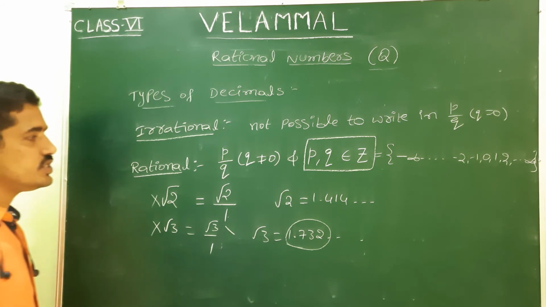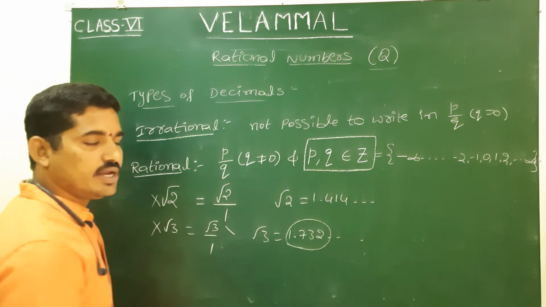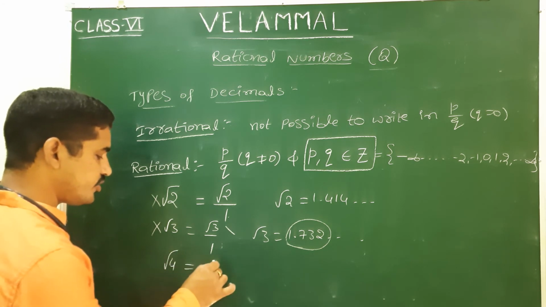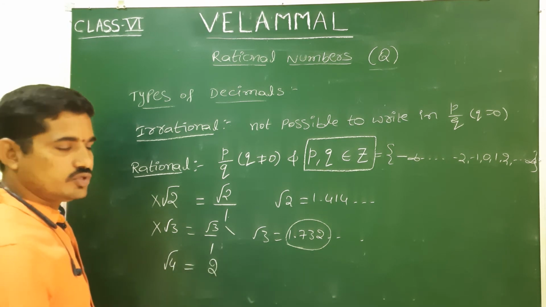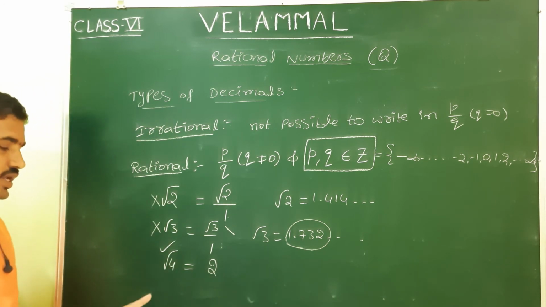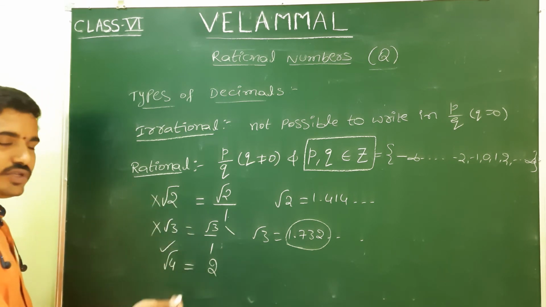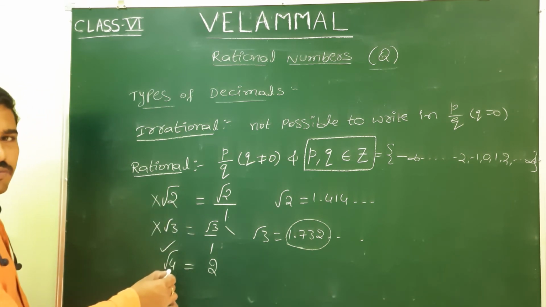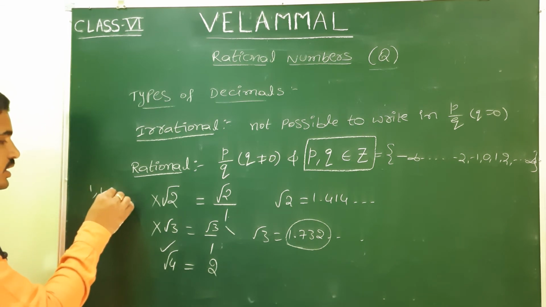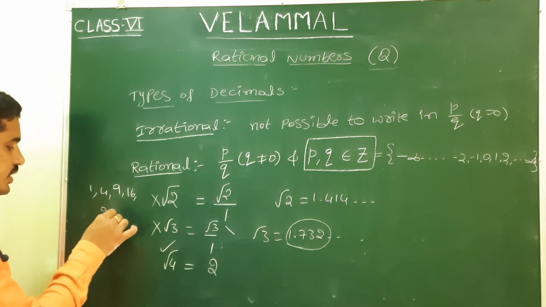The number which is not possible to write in the form of p by q, where p and q must be integers. If you are taking root 4, the value we know as 2. So by that it is a rational number, we will say. But root 2, root 3, the values which are not perfect squares. Perfect squares are 1, 4, 9, 16, 25 and so on.